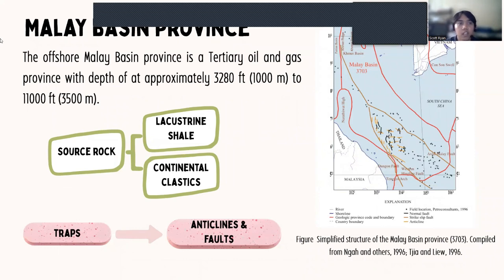As you can see, the offshore Malay Basin province is a tertiary oil and gas province with depth of approximately 3,280 feet, which is 1,000 meters, to 11,000 feet, which is 3,500 meters, which classifies Malay Basin as a deep water petroleum system. The source rocks for Malay Basin are lacustrine shale and also continental clastics. And for the trap, it mainly consists of anticlines and fault traps.